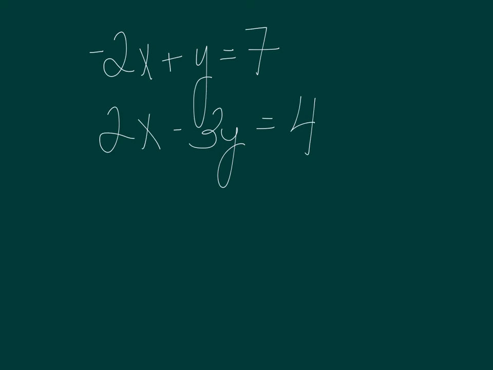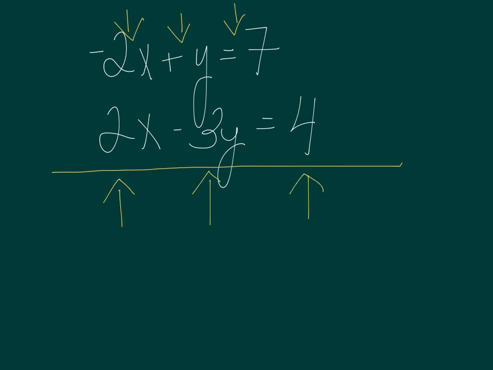Now, the elimination method, also known as the addition method, has us combine our like terms. Make sure your columns are like terms. For example, my first column, the x's, the second column y's, and way over here are our constants.